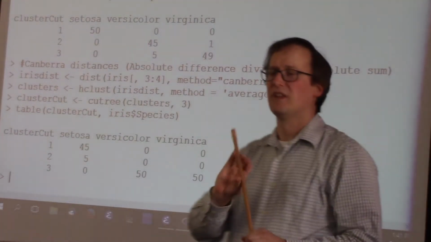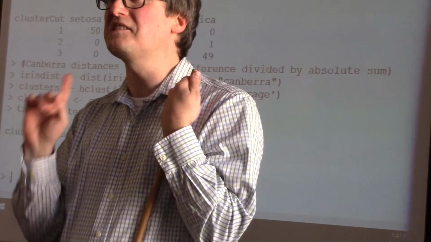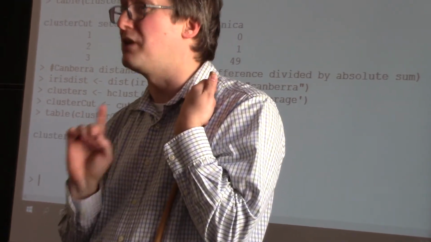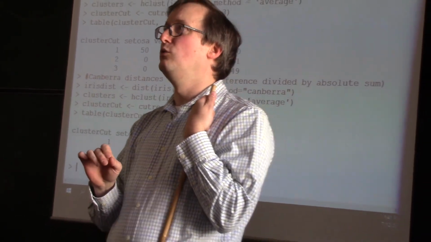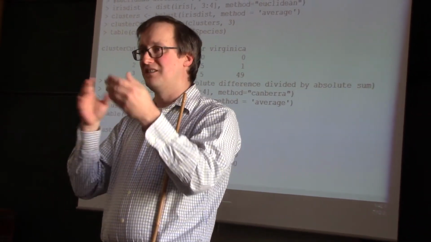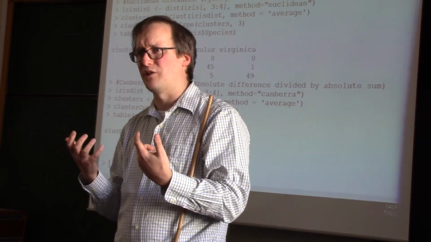Now Canberra is kind of an odd critter in some ways. In this data set, it causes some real problems to use this. But Canberra can make it possible to evaluate variables that are very differently scaled from each other.